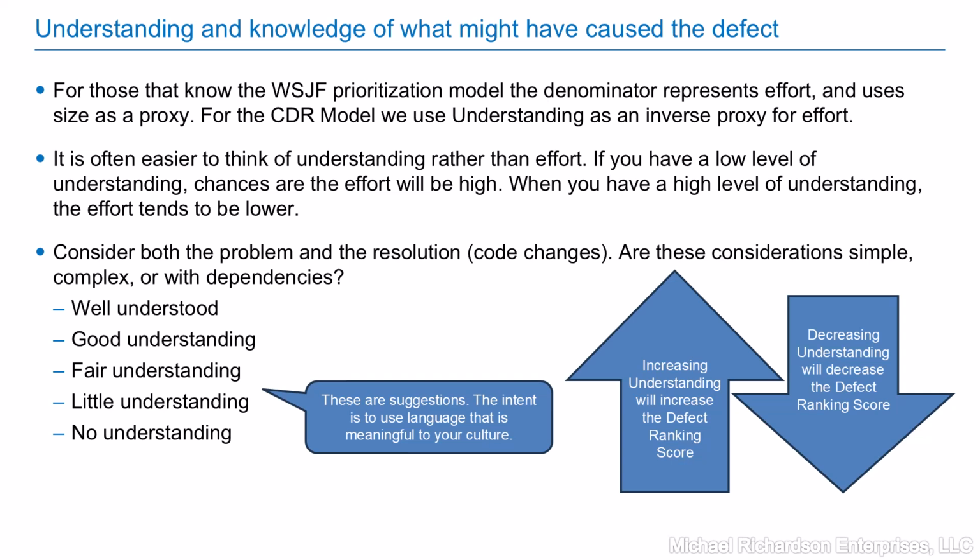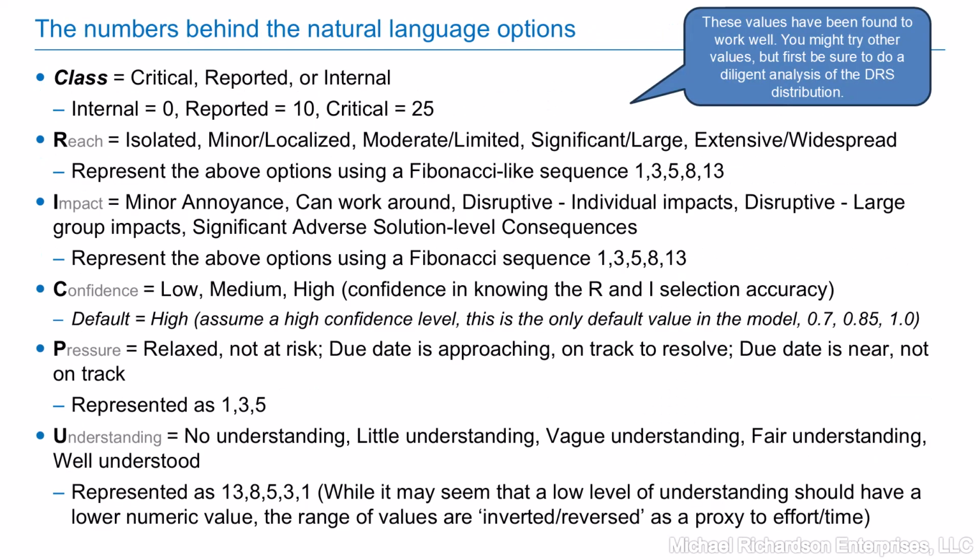As data becomes available, the team will be able to find a correlation between understanding and time or effort. However, this should not be the consideration when using the CDR model. It is better to ask a more fair question: how well do you understand the possible cause of this defect? Here you see the pairing of option text and option values.